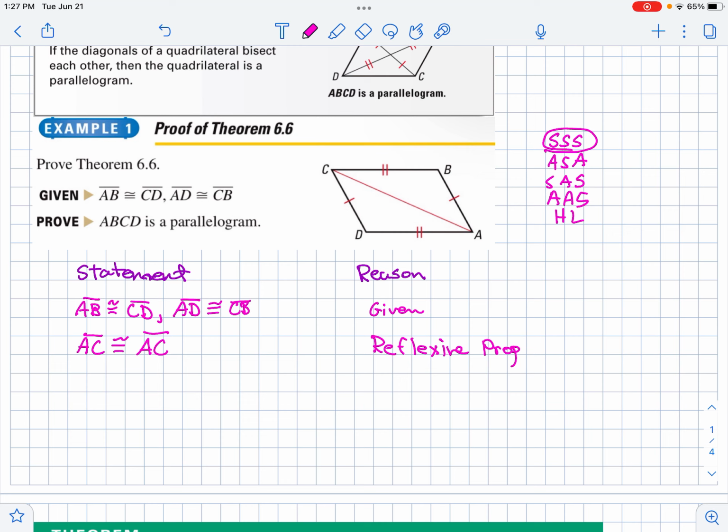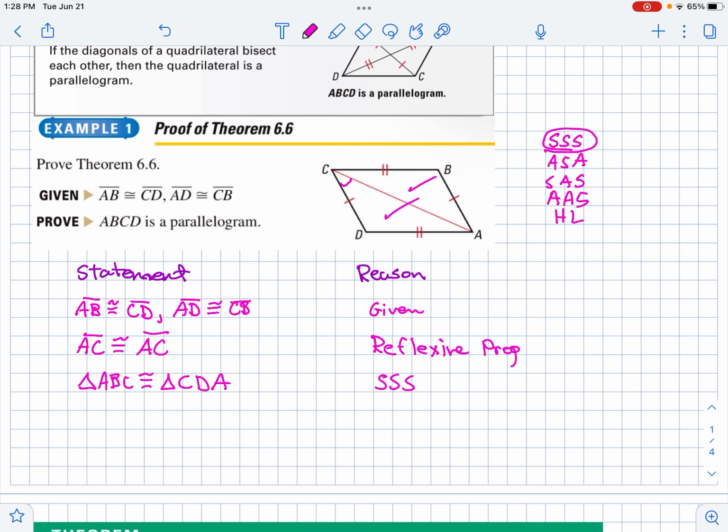In other words, these two triangles are congruent to each other, this one and this one. So we just need to write it out and say the reason. The reason is SSS. So here's what we have. Triangle ABC is congruent to triangle CDA, and that's by SSS. Now, if that's true, then here's something else we know.